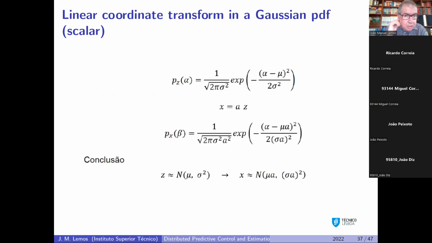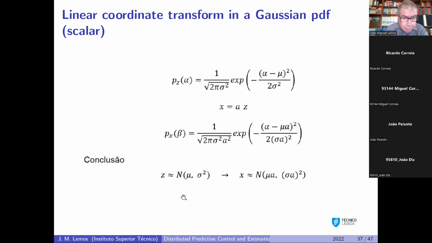Now, let's apply this to a Gaussian function with mean mu and variance sigma squared, and your transformation is just multiplying by a. If you apply those formulas, you get this expression for Px.